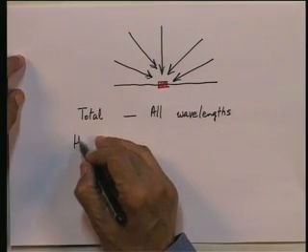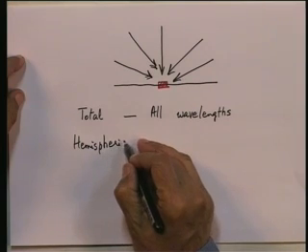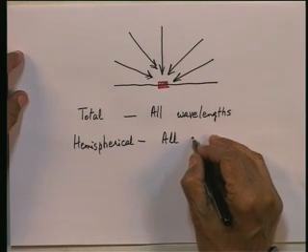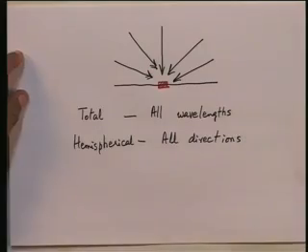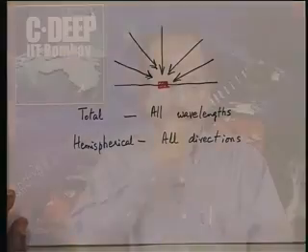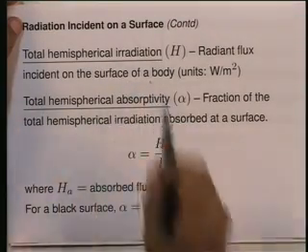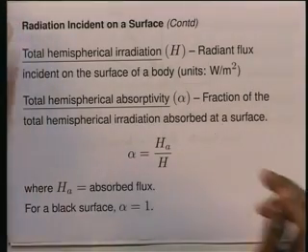And the word hemispherical includes all directions within a hemisphere. That is what we mean by the words total and hemispherical. So, total hemispherical irradiation, H, is the radiant flux incident on the surface of a body, so many watts per meter squared.